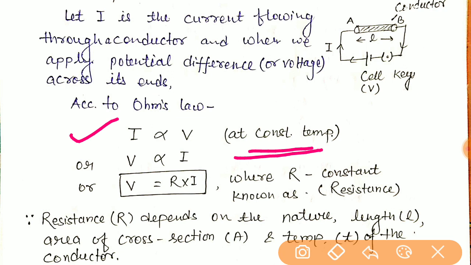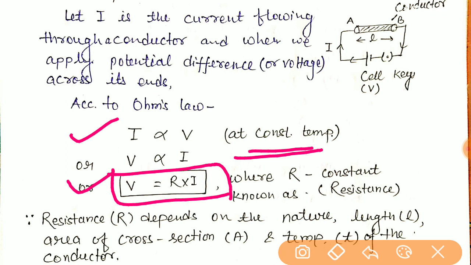So we can write V proportional to I, or I proportional to V. Both are directly related. It means if one quantity increases, the second quantity also increases. So, on removing the proportionality constant, we can write V equal to I R, or V equal to RI.